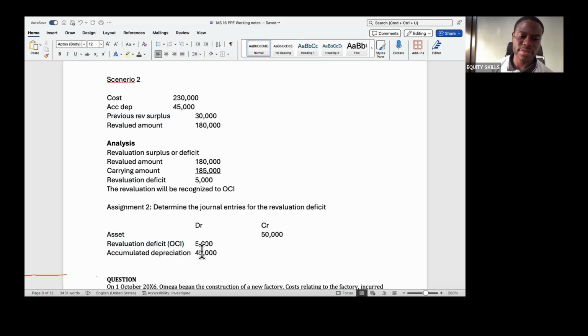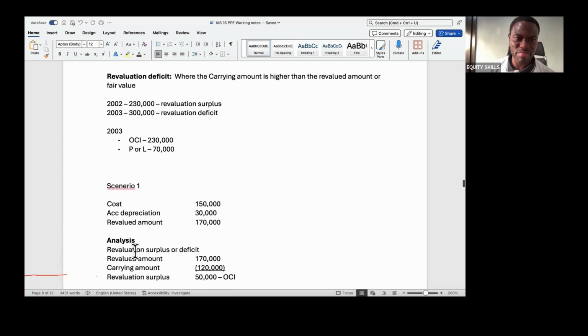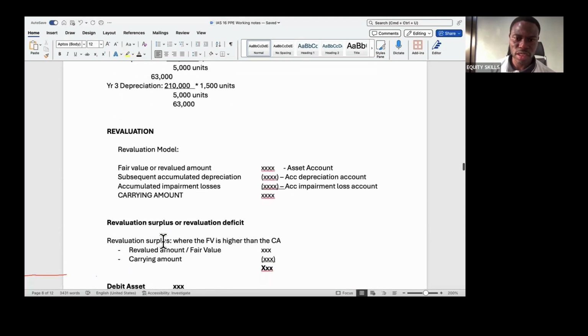Now, you see, you need to understand this, even though they don't often ask it in the exam, these journal entries, you need to understand this double entry this way, just so that this thing can make sense to you. This revaluation model that I said, fair value minus subsequent accumulated depreciation. You see, this subsequent accumulated depreciation is showing that I'm starting depreciation over again from the date of revaluation.